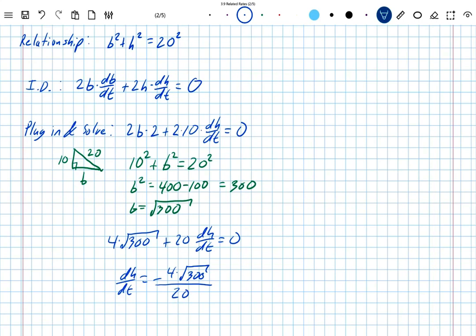So I did that in one step. I could go another here and say this is the negative square root of 300 over 5, canceling that 4. Heck, I could even, if I really want to go to the limits, bring that 5 into my square root as a 25.